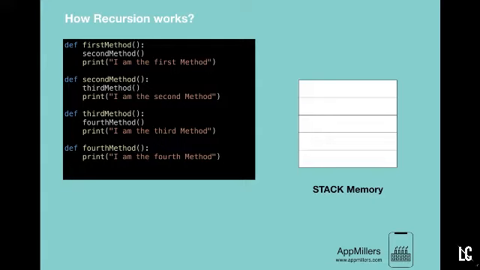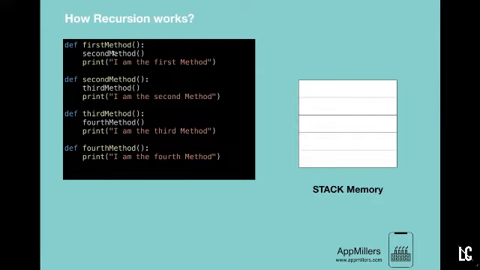Okay, here we start from the first method. As soon as we call the first method, the first statement that we see within it is to call the second method. So the control goes to the second method. After completing the second method, it needs to come back to the first method to execute the print statement after the second method call.